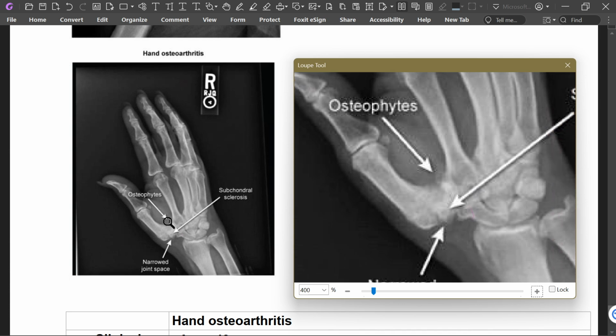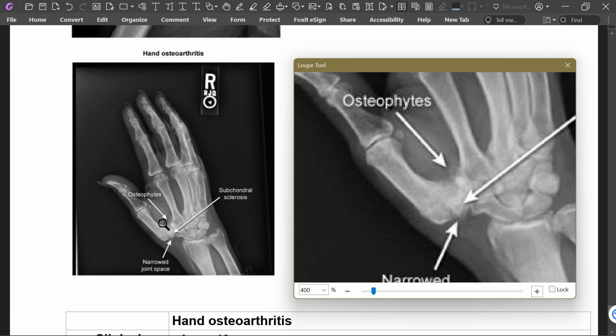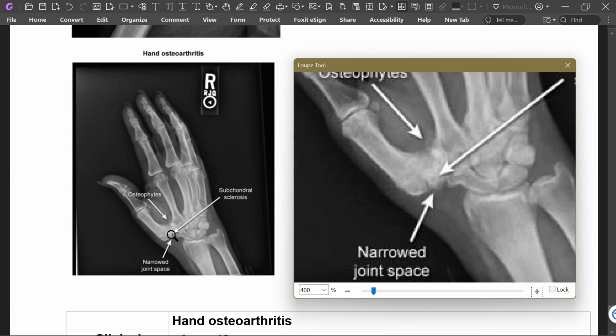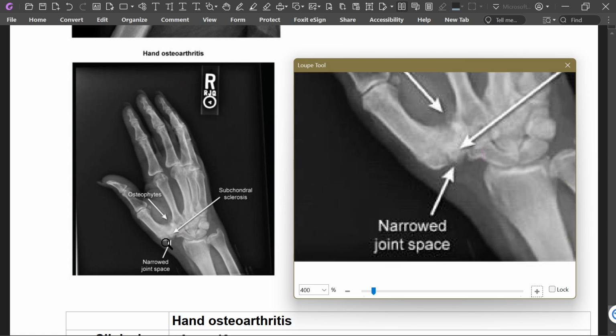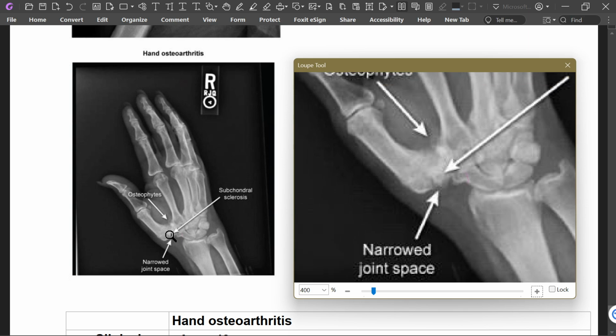Look, this is osteophyte, this white portion is subchondral sclerosis, and in here there is narrowed joint space.